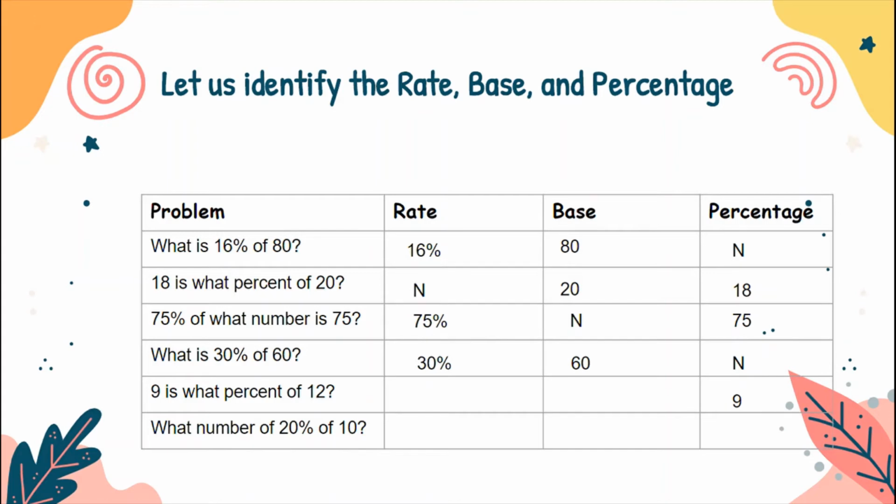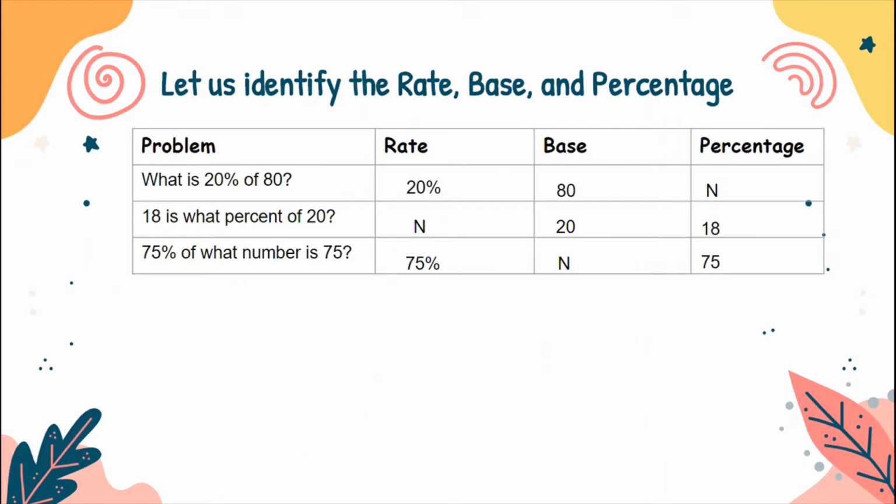So 12 is our base. And we're looking for the percent. So rate is equivalent to n. Now this time, let us identify the value of rate, base, and percentage using our formula.